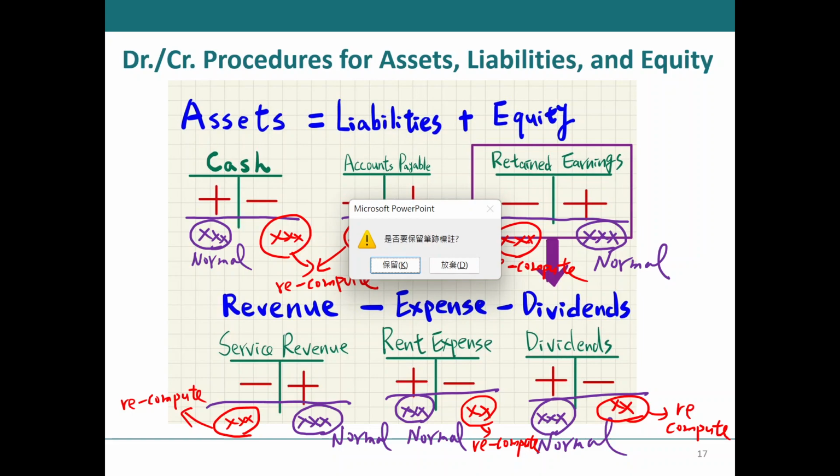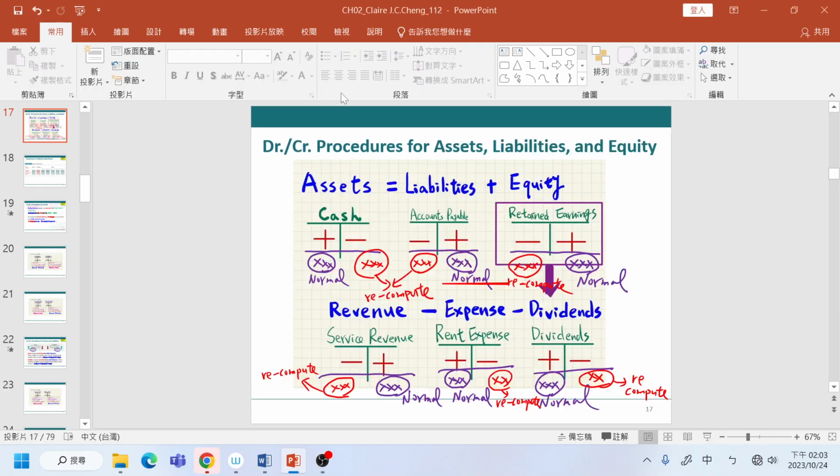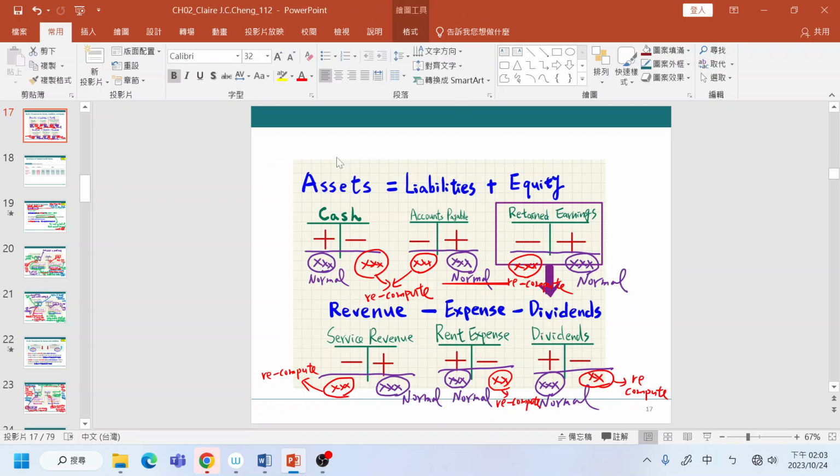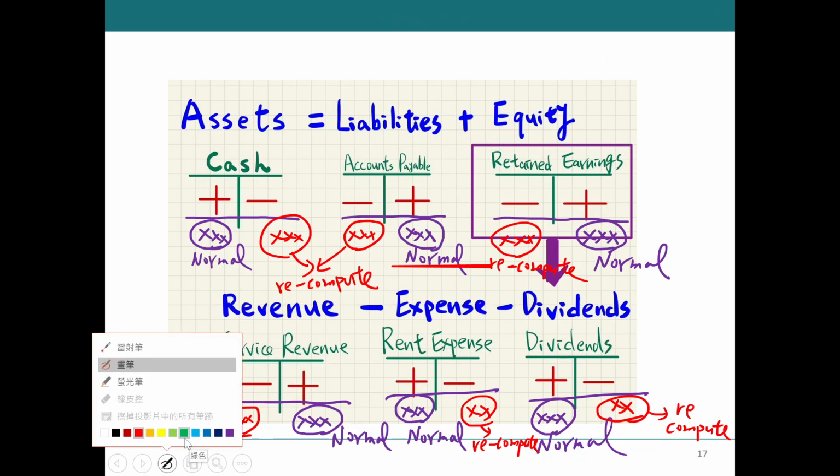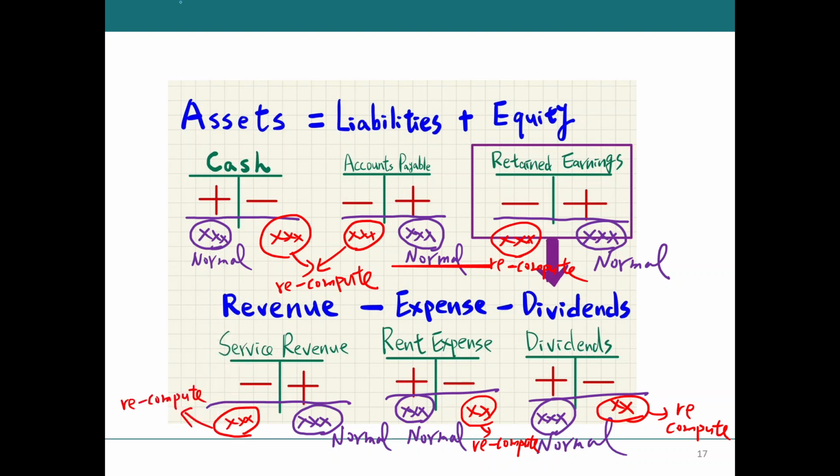So you should remember what's the debit, what's the credit, okay? So far we've covered a few concepts. Also, that's quite important. First is what? Debit, credit. So you should understand we put the number on debit or credit.